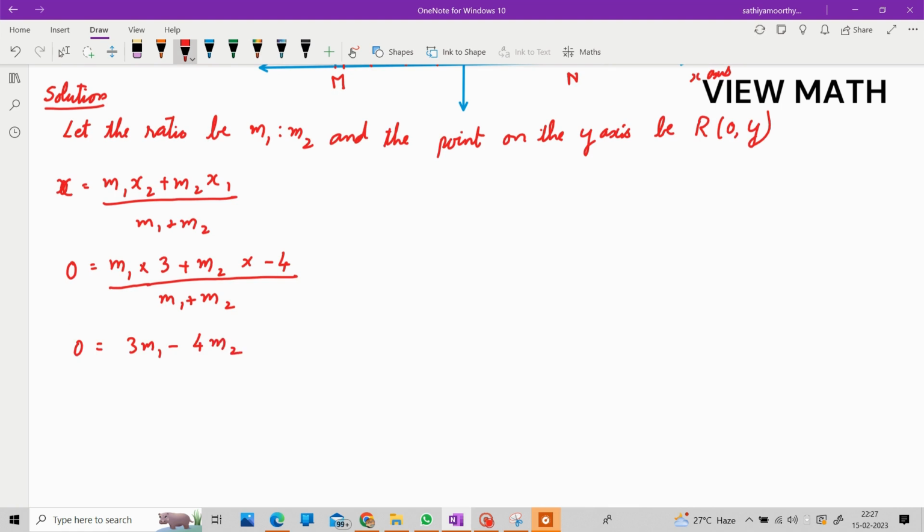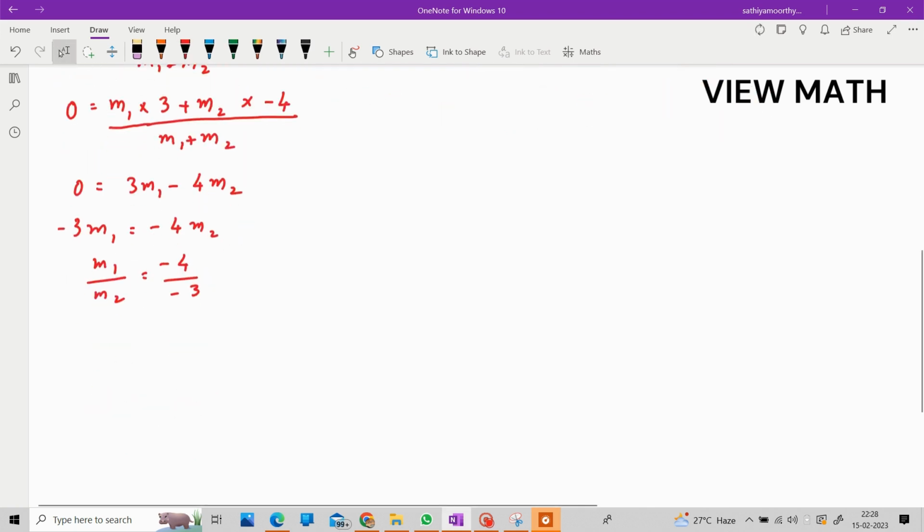Now let me bring this 3m1 to the other side. It becomes negative 3m1 is equal to minus 4m2. Now m1 by m2 is equal to minus 4 by minus 3. The negative sign gets cancelled. So I'll be getting m1 is to m2 is equal to 4 is to 3.